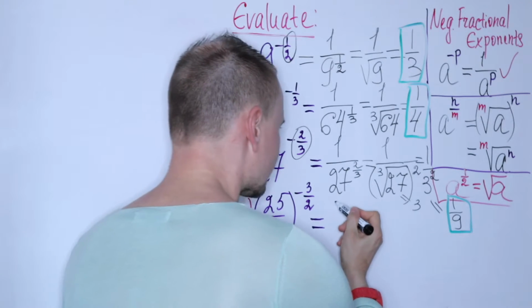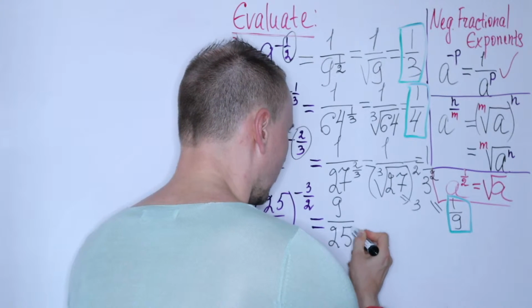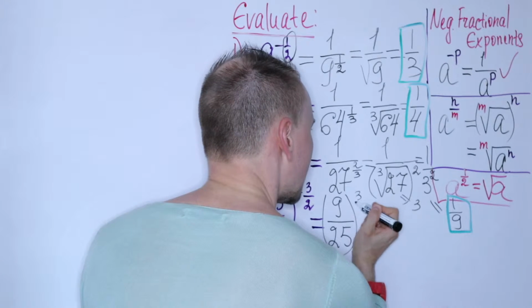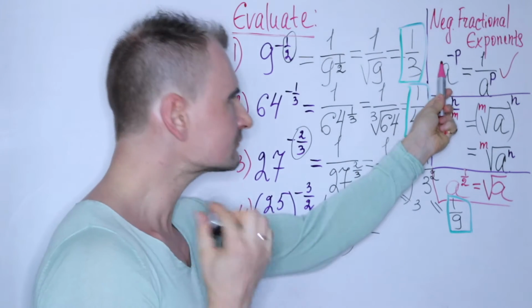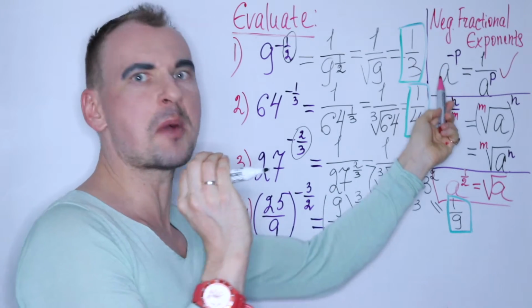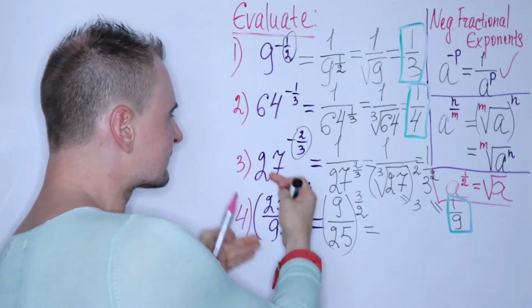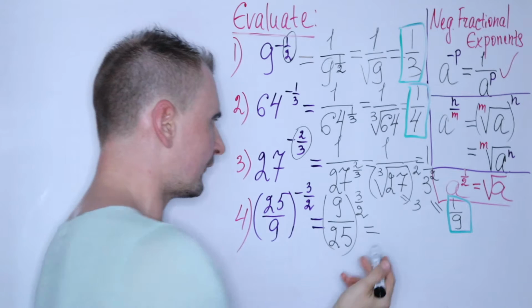So 9 goes on top of my fraction and 25 goes on bottom. And you keep the same power, but your power becomes positive at this point. So again, since the negative power indicates this reciprocation, all you do is just swap over. So turn top and bottom of your fraction.